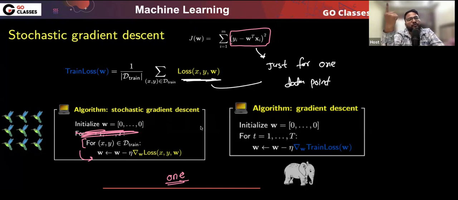I'm just being nice to one person only. Can I be bad to other persons at the same time? Yes, it is possible. It is possible to go bad for other persons if I'm just doing a favor for one person. But that's what this algorithm says: just update your W based on what just one person is saying.